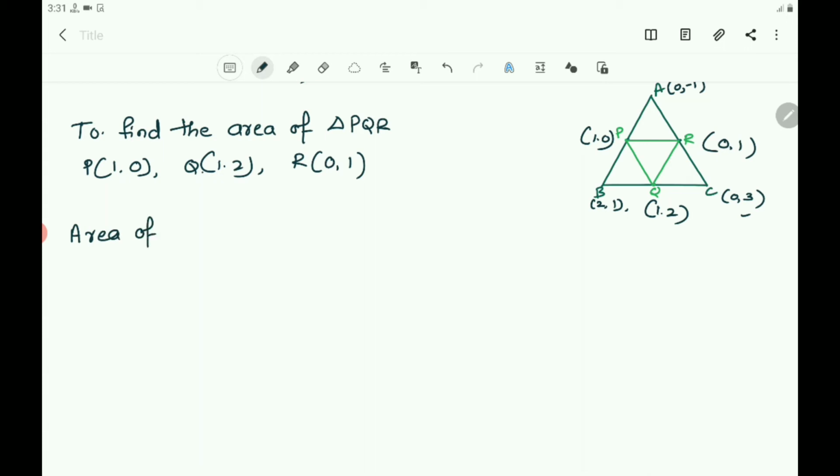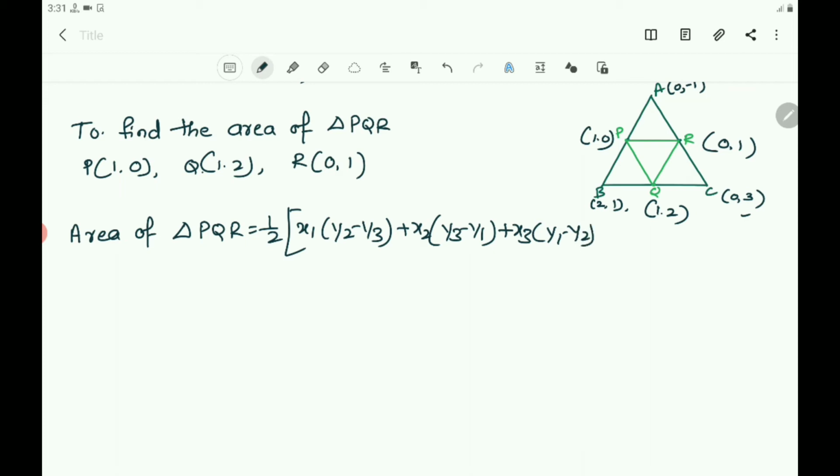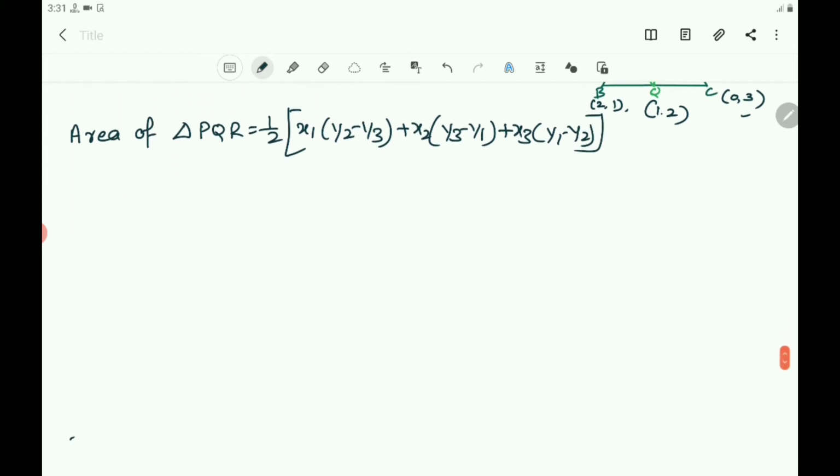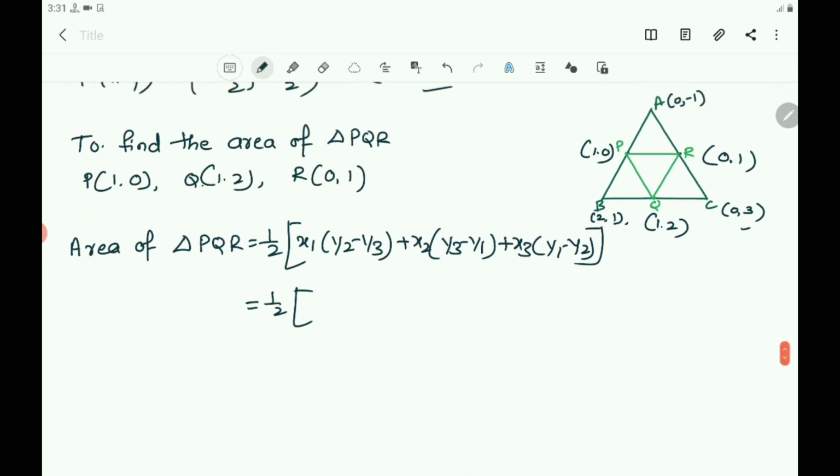Area of triangle PQR, write the formula, that is 1 by 2 into x1 into y2 minus y3 plus x2 into y3 minus y1 plus x3 into y1 minus y2, that equals 1 by 2 into.